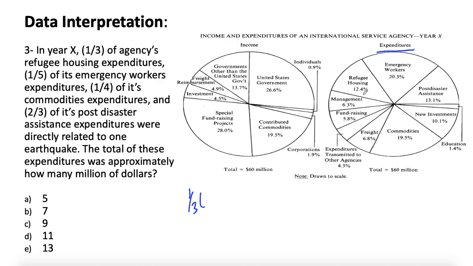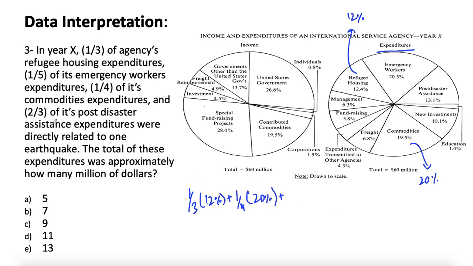This one, which is 12.4. So it is better to approximate this into 12%, and so 1/3 of 12%. Now the next thing is 1/4 of its commodities expenditure. That is 19.5%, so just convert this into an approximate value, which is 20%. So that is 1/4 of 20%.